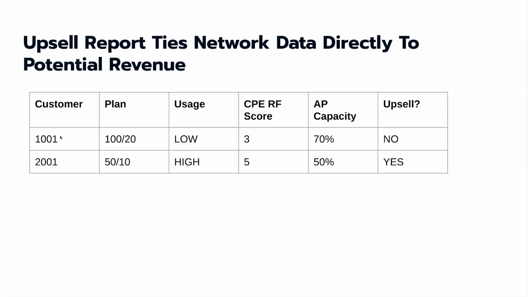So for example, this first customer, he's not hitting his plan speed, he's got a fairly poor modulation, and the access point's relatively full, so this is a clear no, we don't want to try to upgrade him. Customer 2001, as a second example, is hitting his 50 megabit plan rate. He's got a great modulation, so he could use much more without having a big effect on the access point, and the access point's only half used anyways, so he goes to a yes.